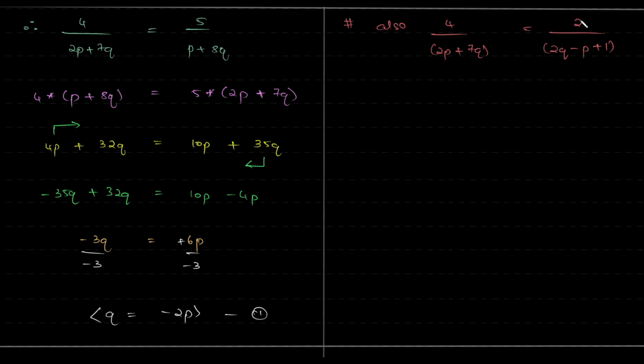Both are in numerator. Because they are in numerator, I'm able to do this, and then I'll cross multiply.